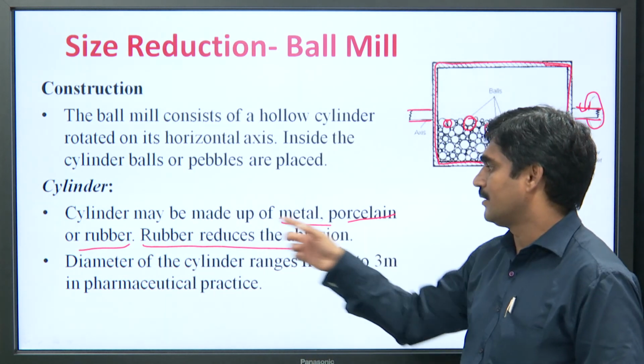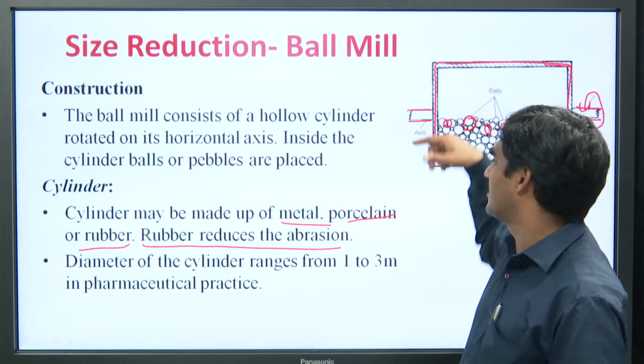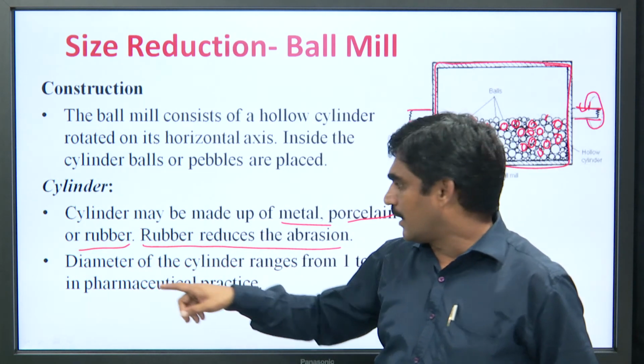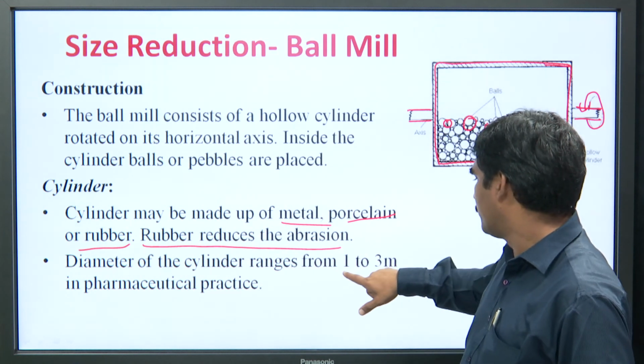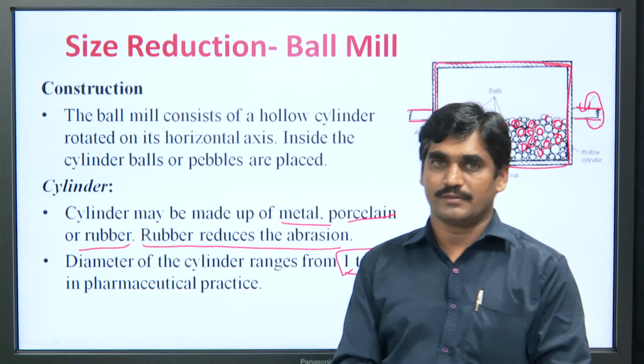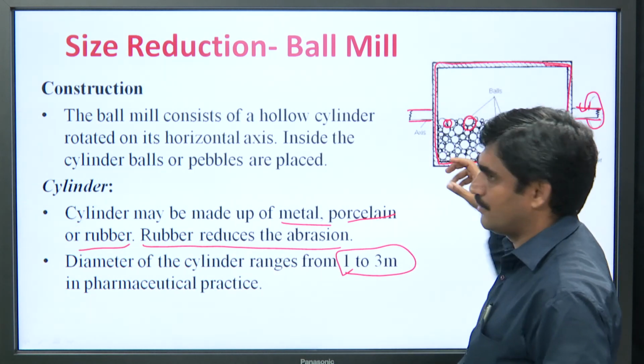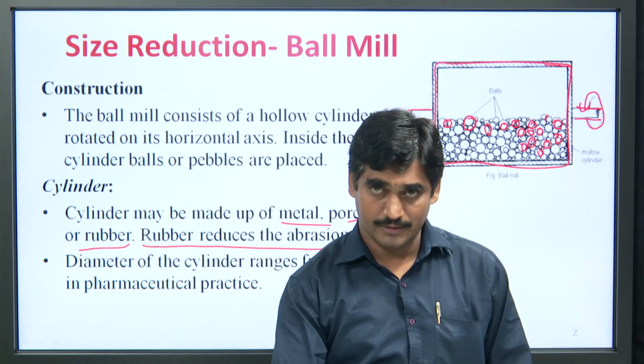It can be avoided if we use rubber as the material for construction. Diameter of the cylinder ranges from 1 to 3 meter in case of pharmaceutical products. So, the diameter of this cylinder is 1 to 3 meter.